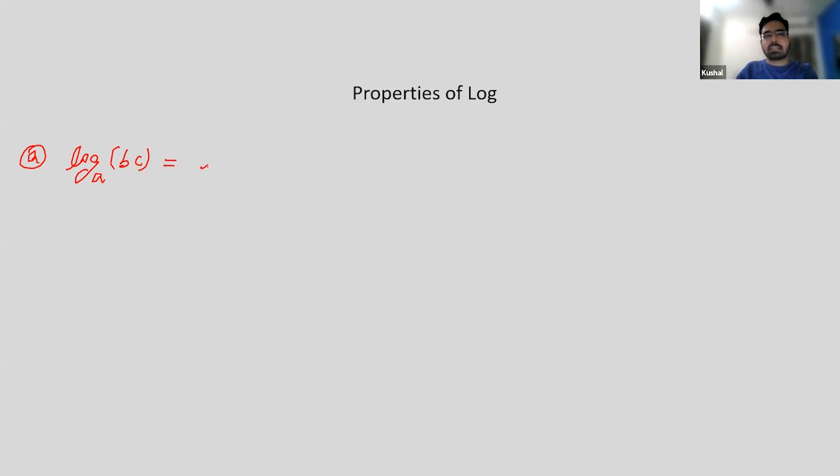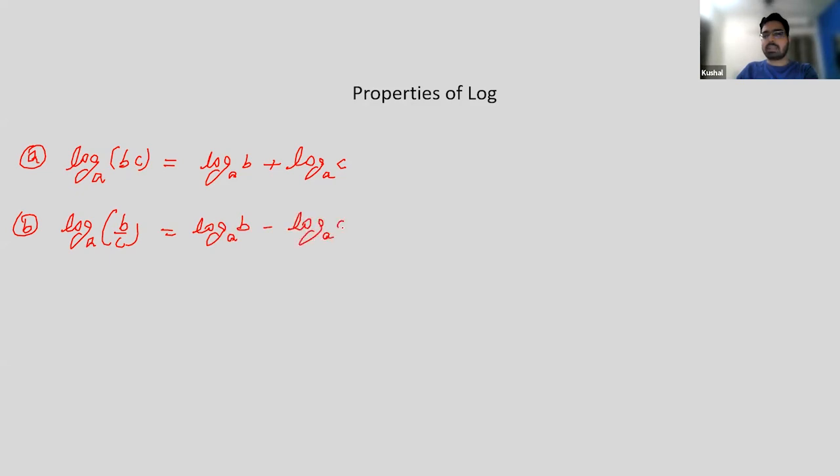You will rewrite this as log of base A B plus log of base A C. The second property is log of base A, B by C, which equals log of base A B minus log of base A C. The third property is log of base A, B to the power of C, where B to the power of C is the input value. So what will we get? We will get C times log of base A B, right?